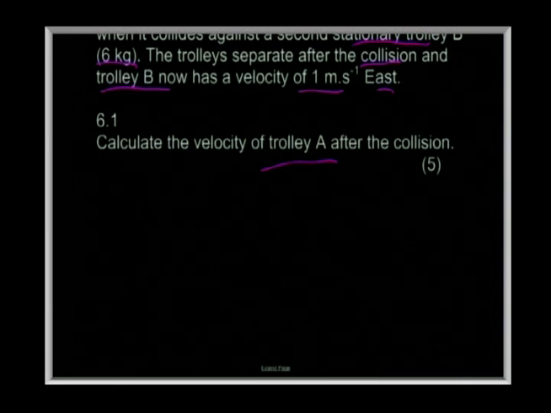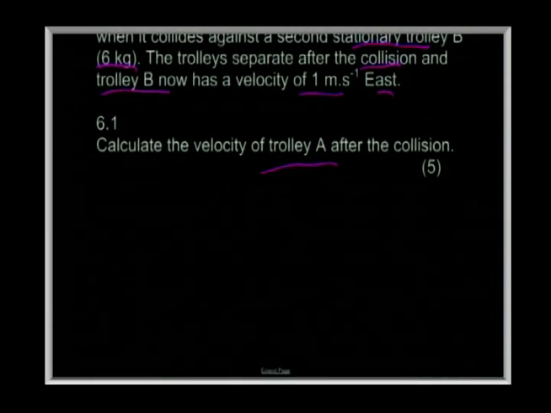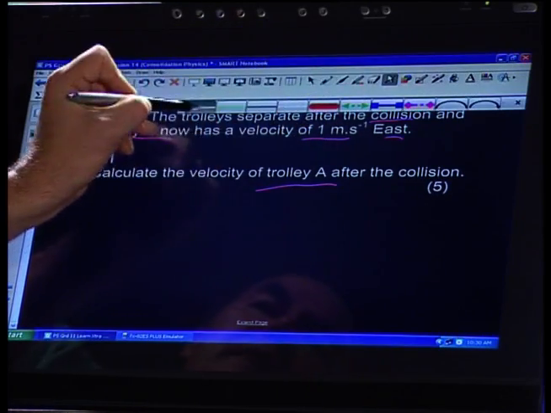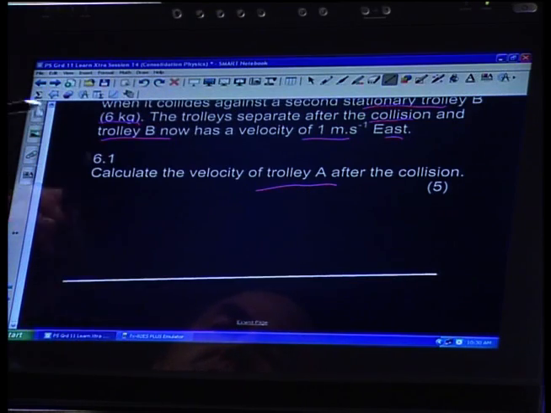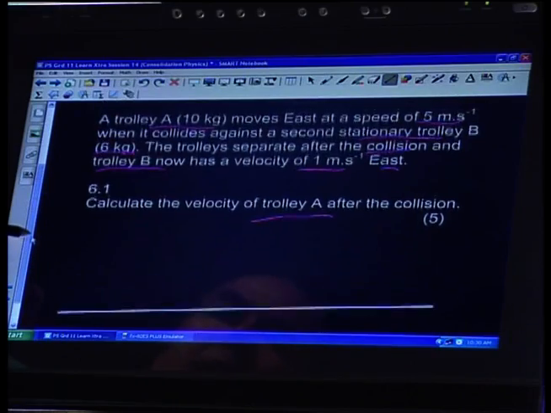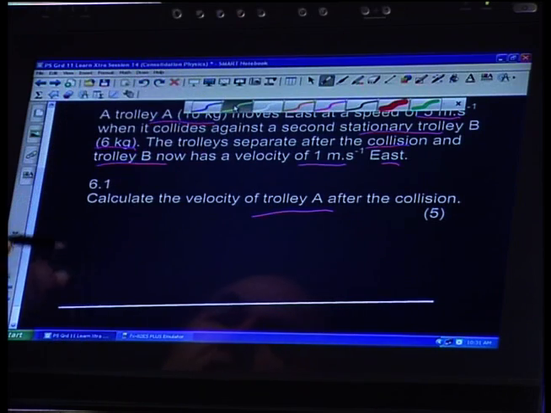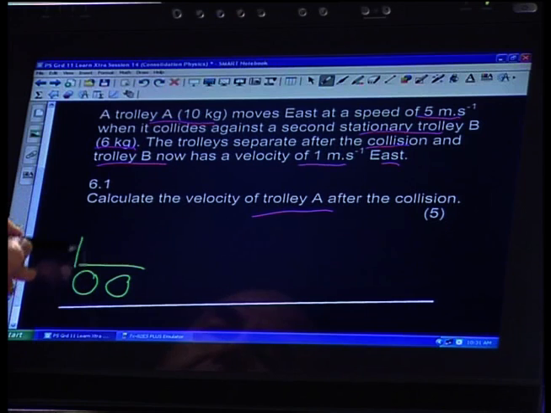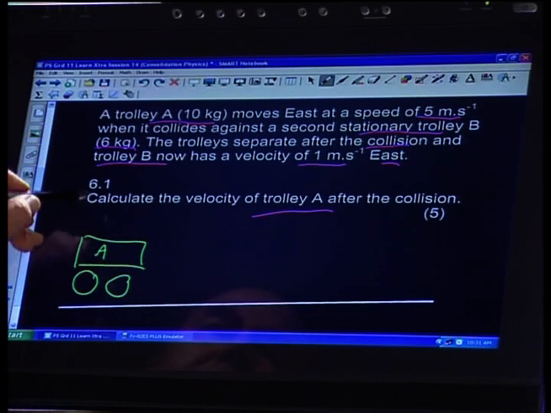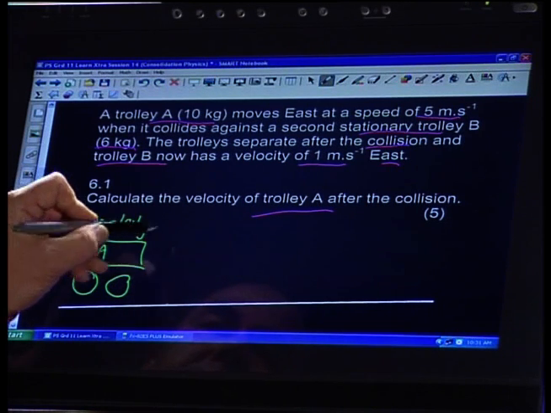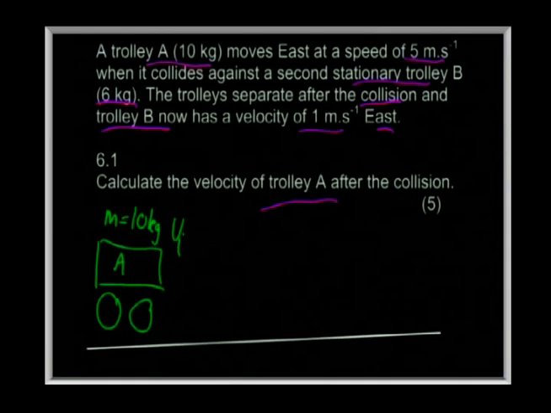Now, remember what I said to you when doing mechanics, on momentum you need to draw a before and after picture. So I'm going to do just that, because sometimes it's just a bit too much to read that without understanding it. So let's draw trolley A in green, and we're going to say this is A. It has a mass of 10 kilograms, and it's moving at an initial velocity of 5 meters per second east.